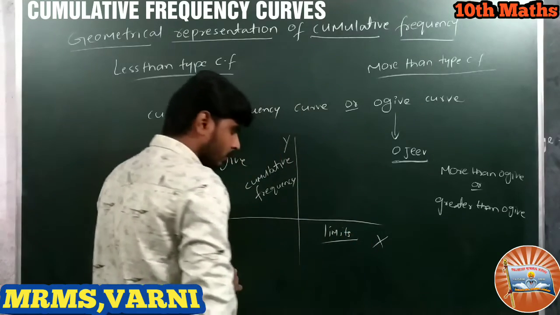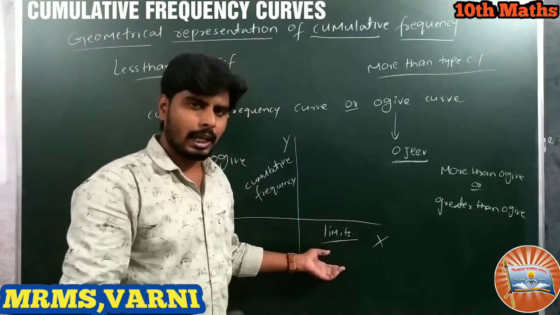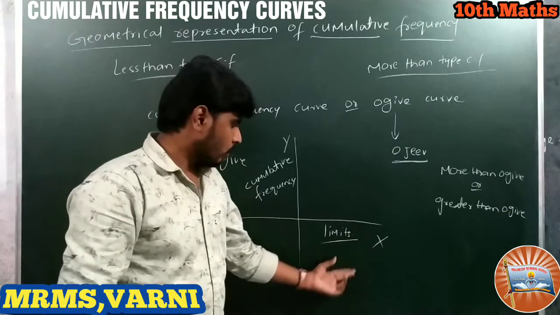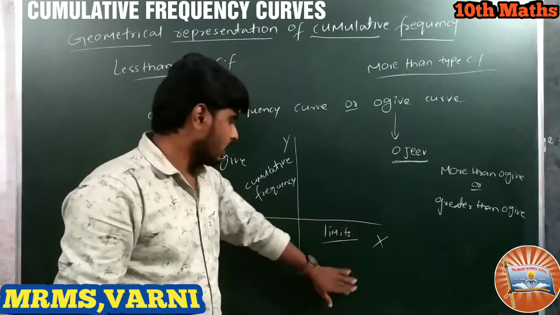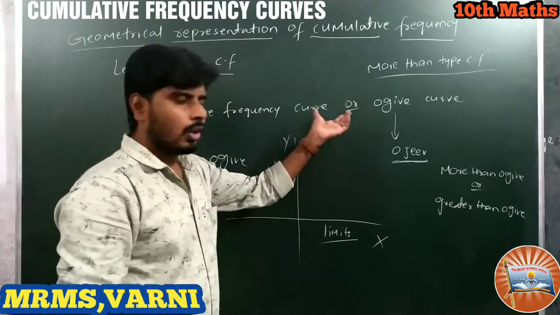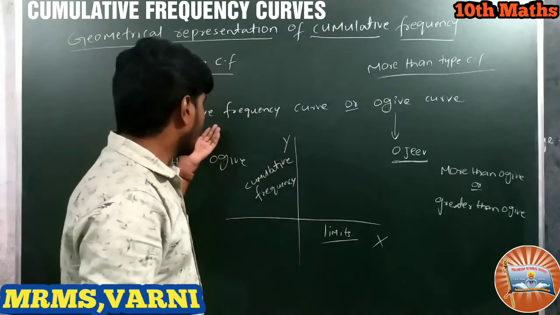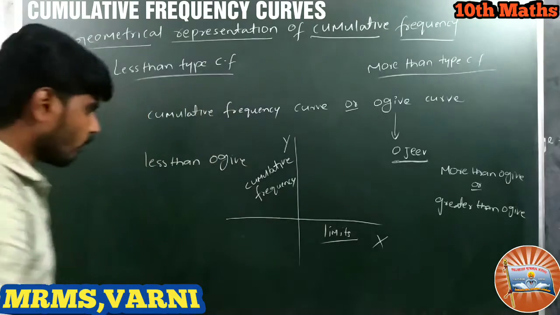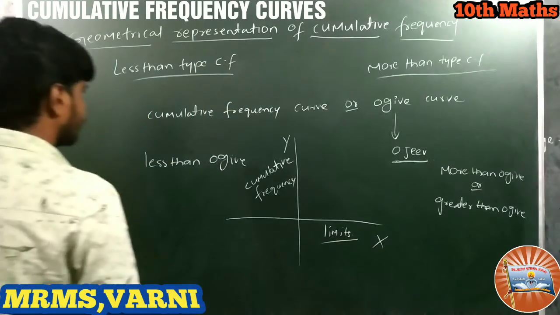So what are the limits? Nothing but the class intervals, lower limits and upper limits we take on the x-axis. So if we take limits on the x-axis and cumulative frequencies on the y-axis, we can plot the ogive curves. Ogive curves are nothing but two types, less than type ogive or more than type ogive, right? We shall see one example now.